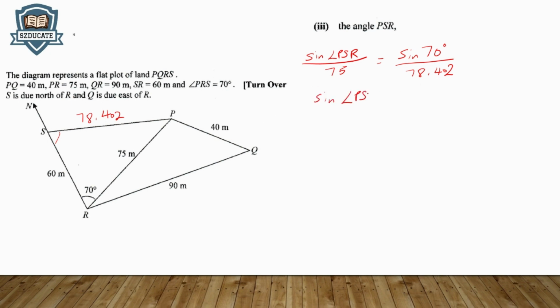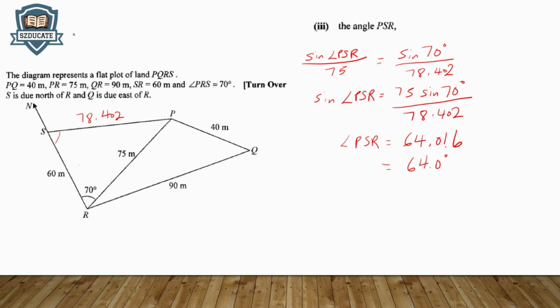So sine angle PSR is equal to 75 sine 70 degrees over 78.402. Angle PSR is equal to 64.016, which is 64.0 degrees. Now, this is an angle, in degrees. The approximation you should use is 1 dp.